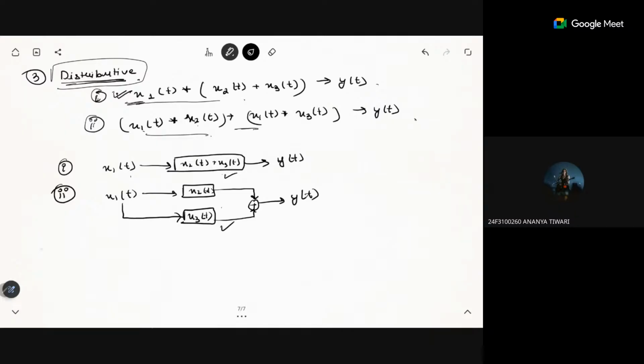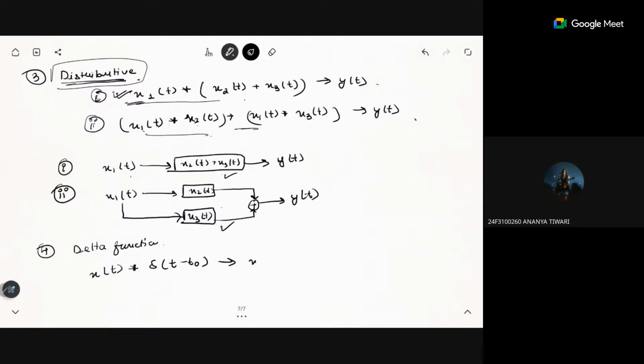Now coming to the fourth property, that is the direct delta function property. What does this tell? This tells that if my input x of t is convolved with an impulse response which is a shifted delta function, delta of t minus t naught, then what will be your output?